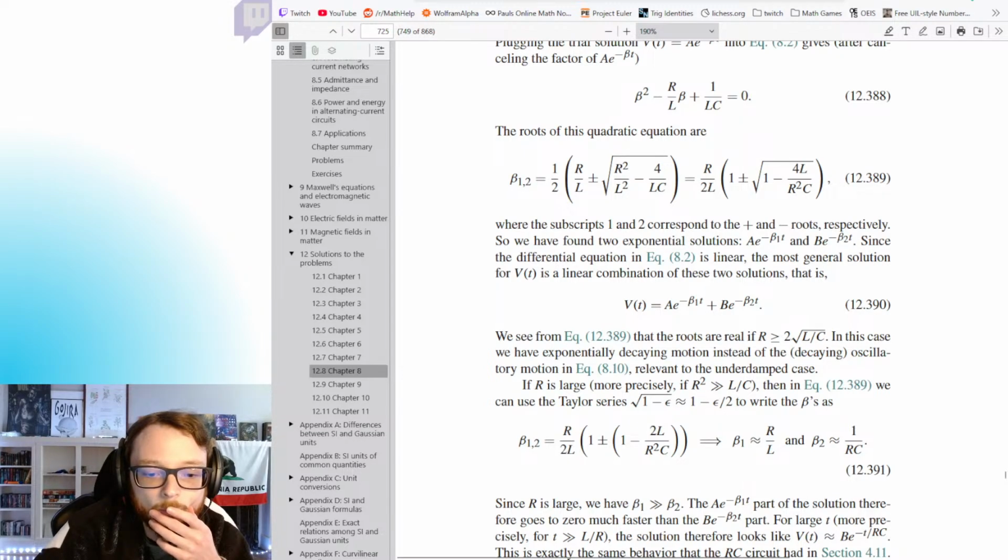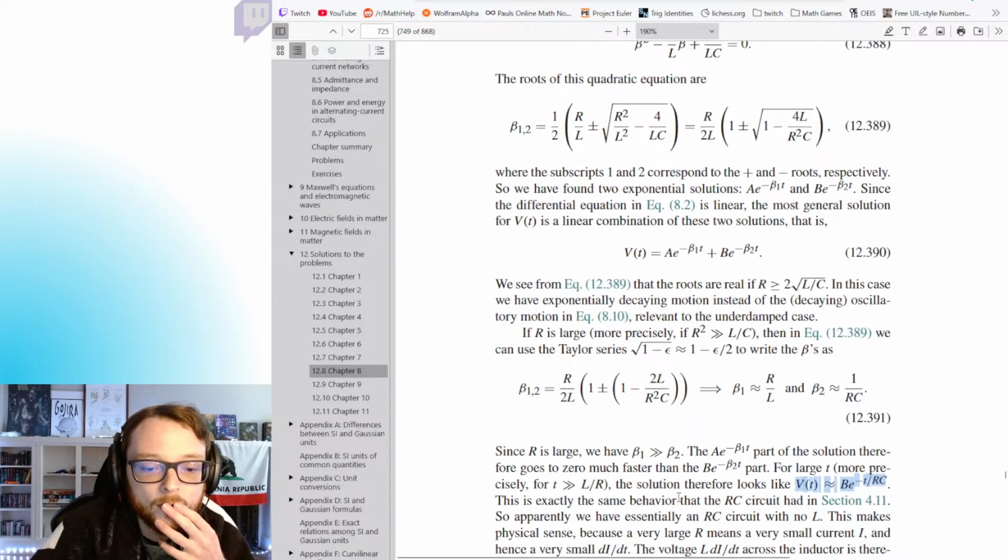Beta 1 is much bigger than beta 2, so the first part goes to 0 much faster than the second part. For large T, it looks more like this because that's farther away from 0.